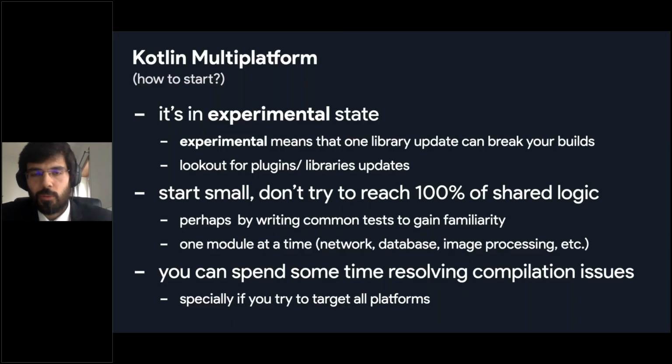This is especially true when you want to also target, for instance, the web. I had a couple of projects that I was testing to see how could I have everything with web and desktop, and every time I made an update in one library, I usually ended up breaking the web part. Once again, the community is really, really good, and you ask on Kotlin Slack what I was doing wrong, and they're more than fast to answer to your questions.